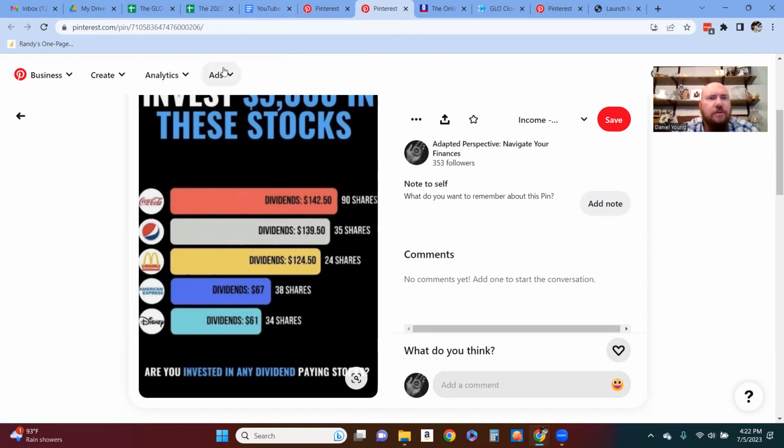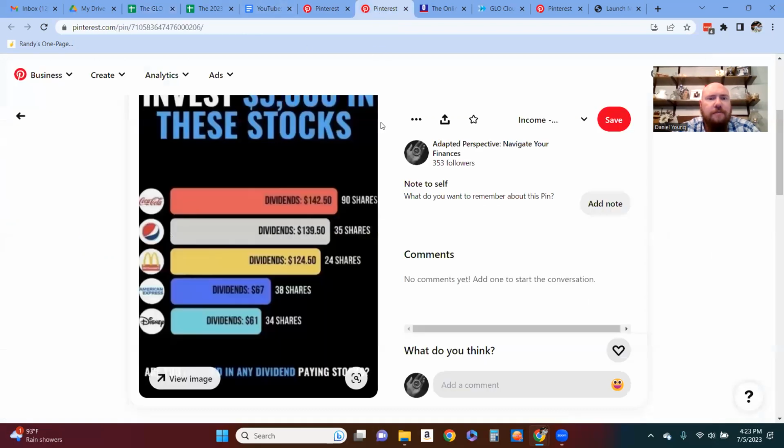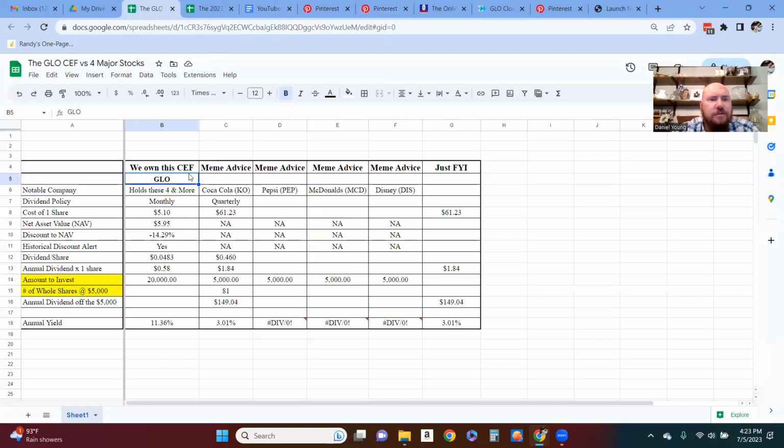So I've already started that. I've done this before for other comparisons. So we own this closed-end fund. I pretty much took the same layout and spreadsheet I had for a different one and remade it into this one. There are 5 individual stocks listed here: Coke, Pepsi, McDonald's, American Express, and Disney. And when I sifted through all the holdings of this fund, I found 4 of the 5.